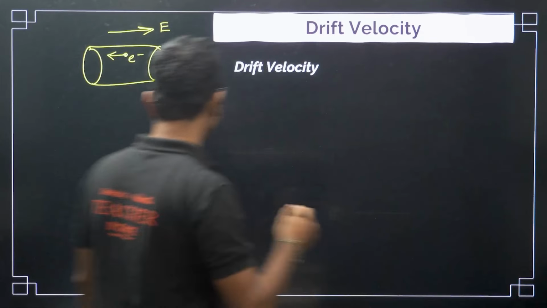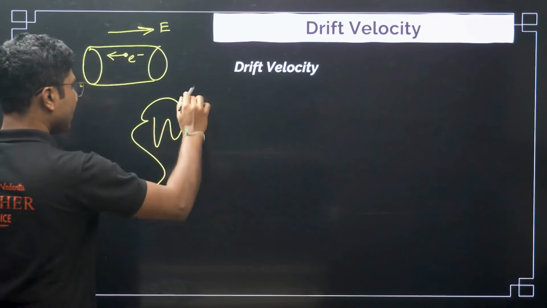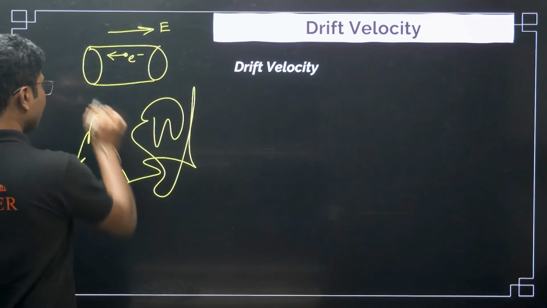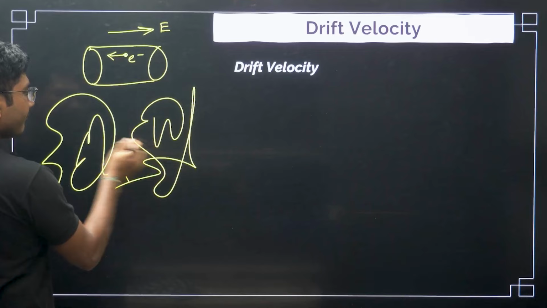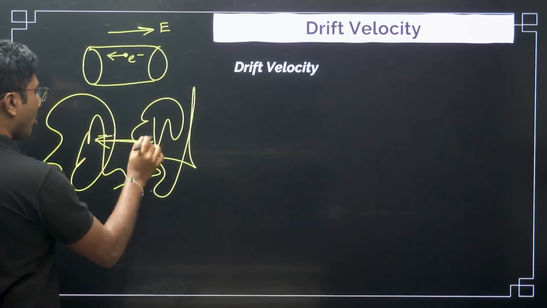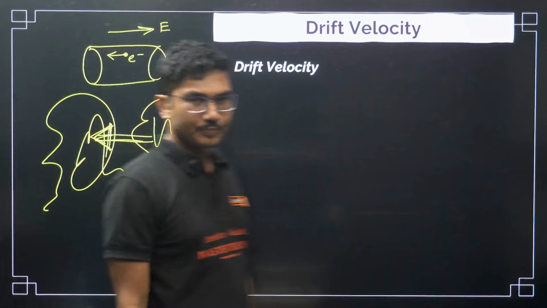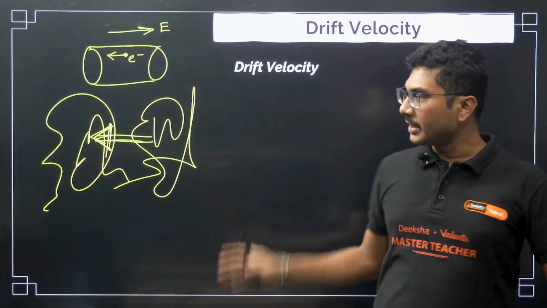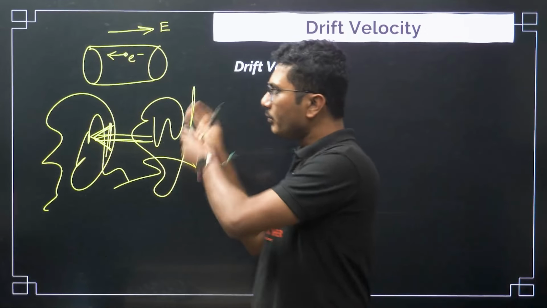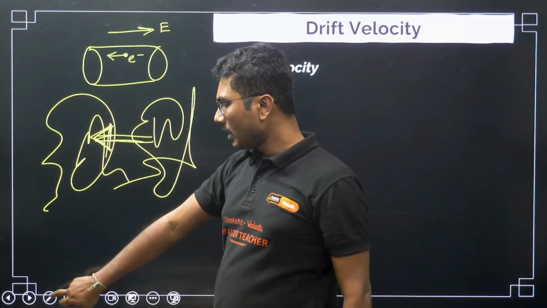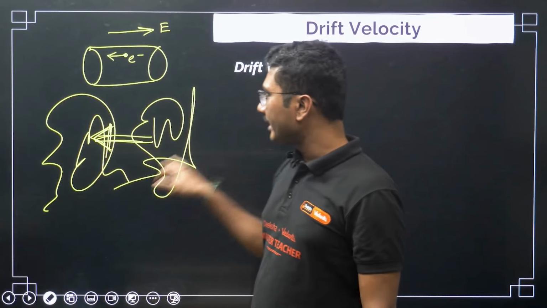Random motion is still there, but even with the random motion they are slowly shifting in the direction opposite to the applied electric field, which is very, very interesting, right?